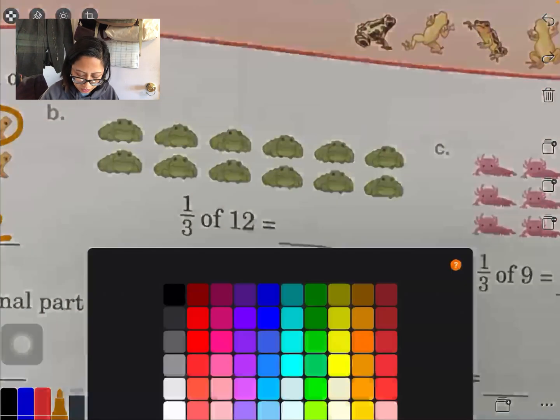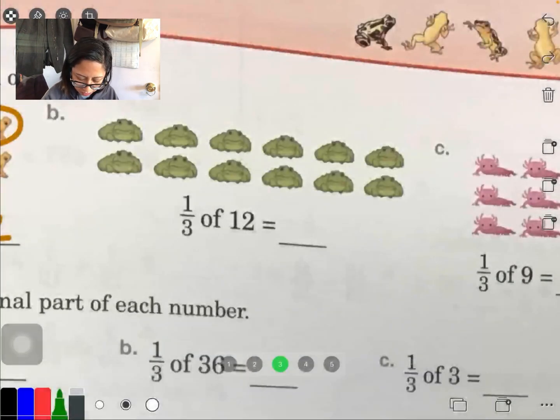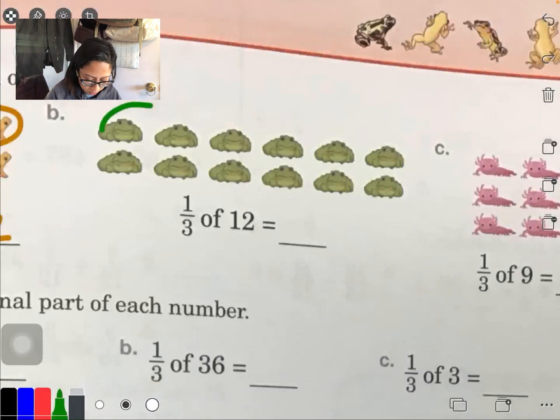Here I've got green frogs. Okay. So I have to circle 1/3 of it. So that means, again, when I circle them, you have to be even. Actually, I have to make sure that there are 3 in a group. So this has 3.